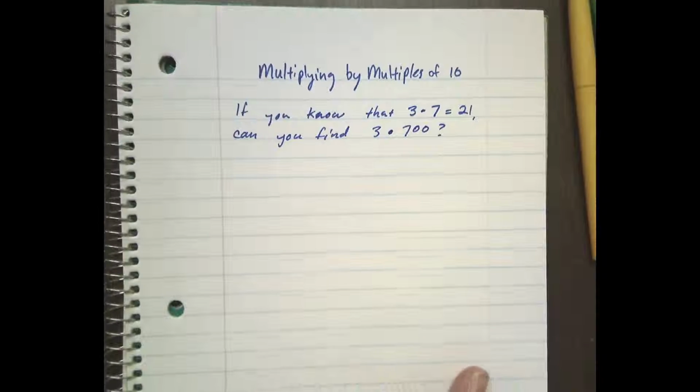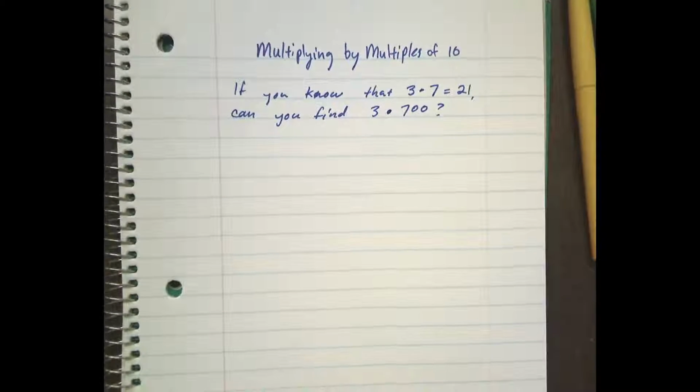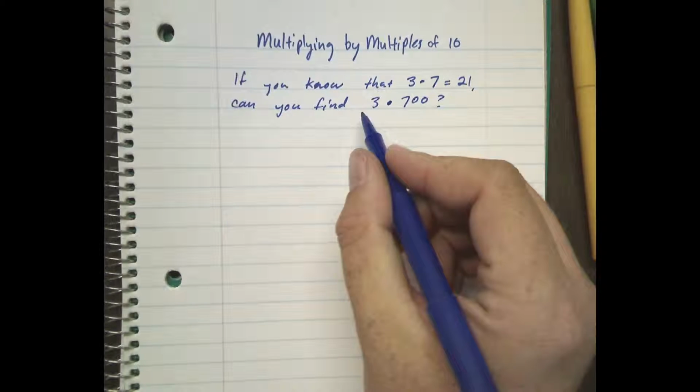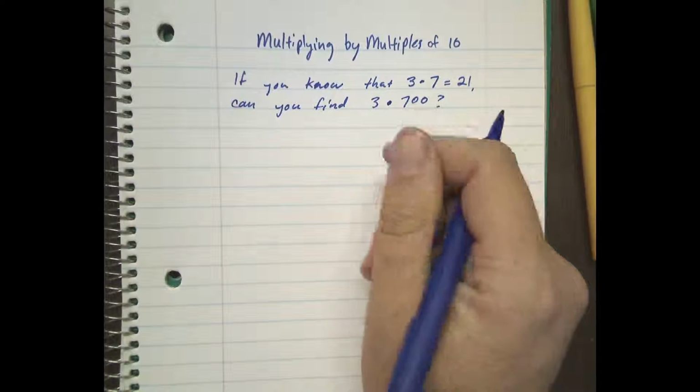Okay, well, some of you might be looking at this and thinking, well, of course, yeah, it seems pretty easy. But let's try this a long way, and I'll show you a quick shortcut.